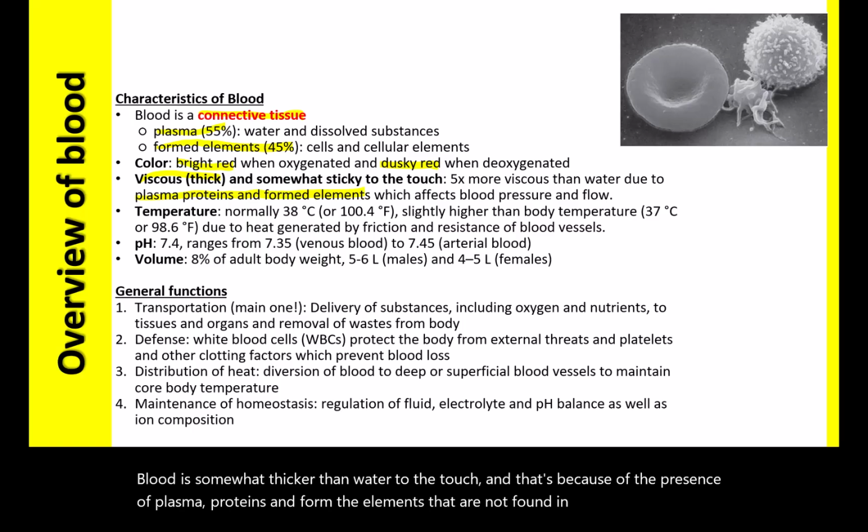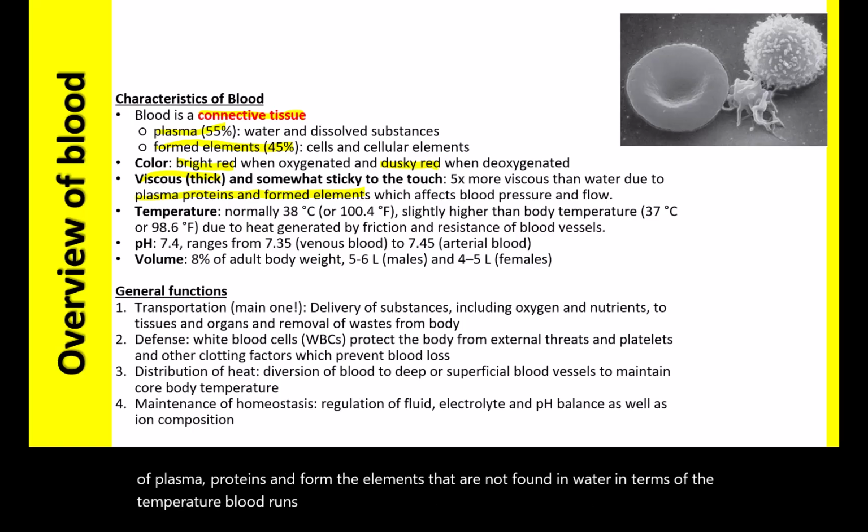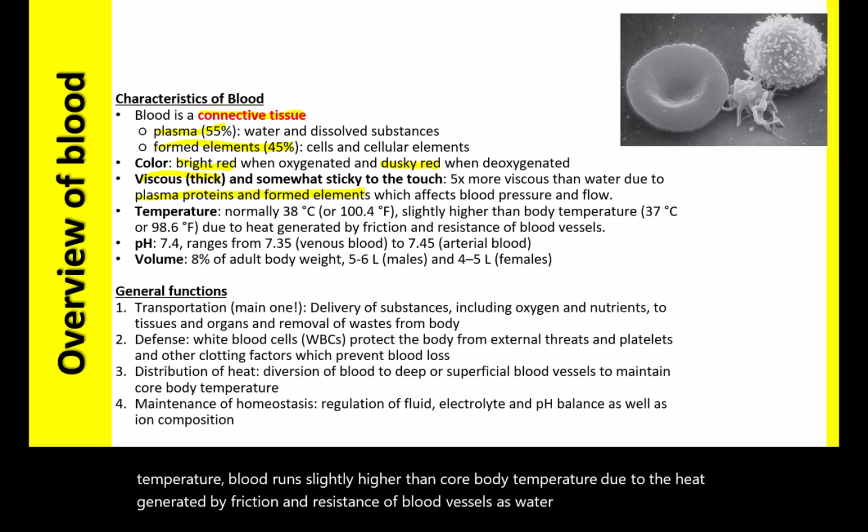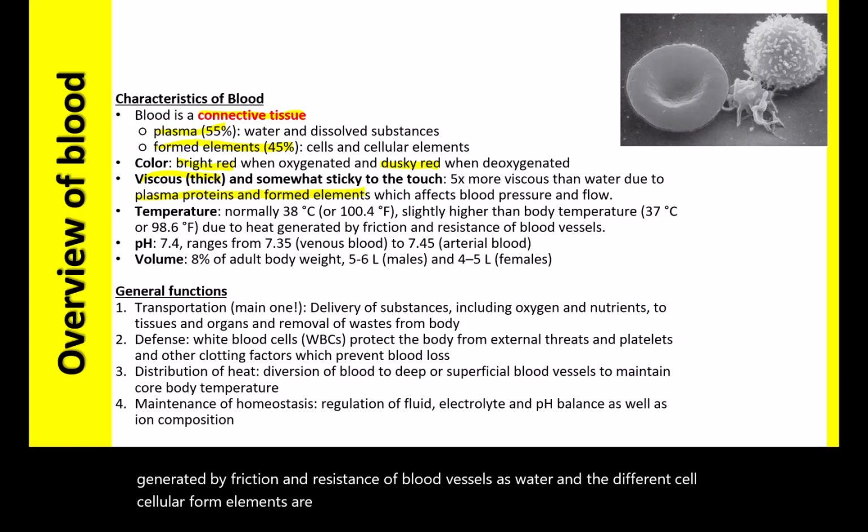In terms of the temperature, blood runs slightly higher than core body temperature due to the heat generated by friction and resistance of blood vessels as water and the different cellular formed elements are transported in those blood vessels.